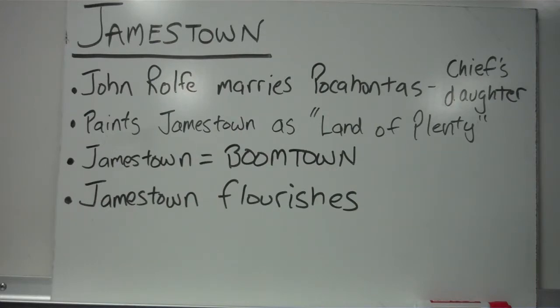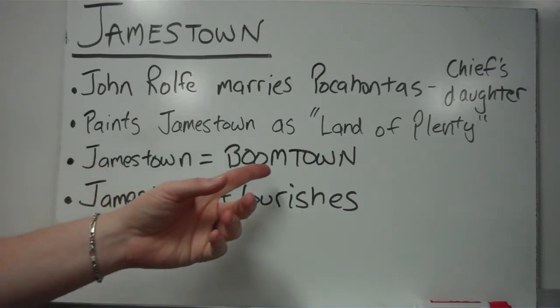Now then, John Rolfe and Pocahontas would return to England and promote it big time. You know, again, they had already made $1 million plus with the tobacco, and they came back and kind of painted Jamestown as what they called the land of plenty. And they promoted it as a place where if they simply had people come and got some investors, it could become a boom town.